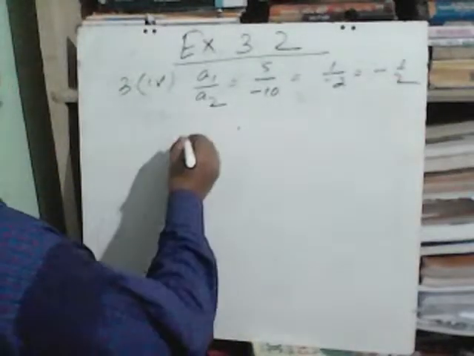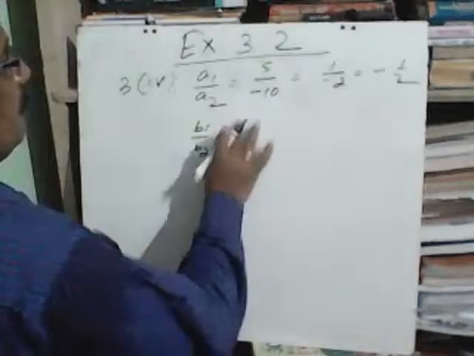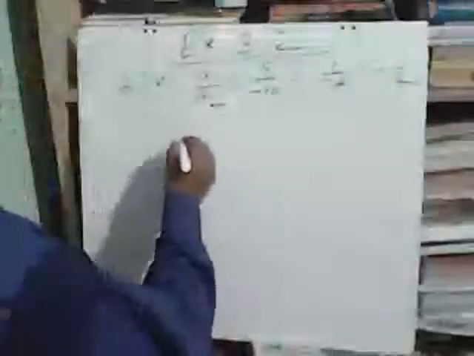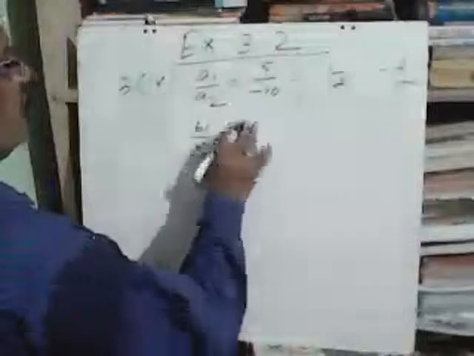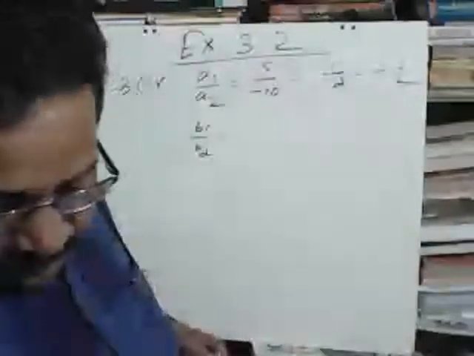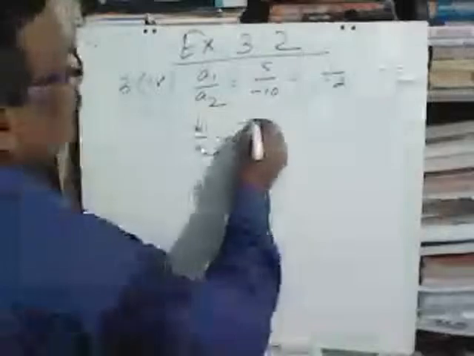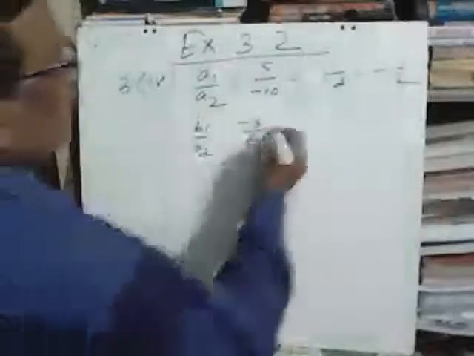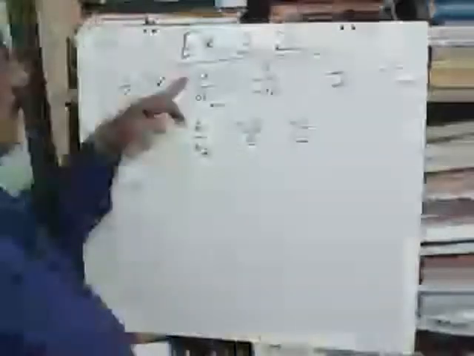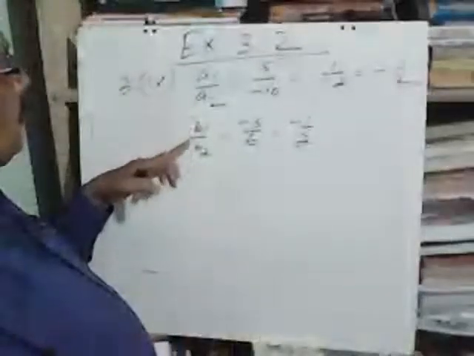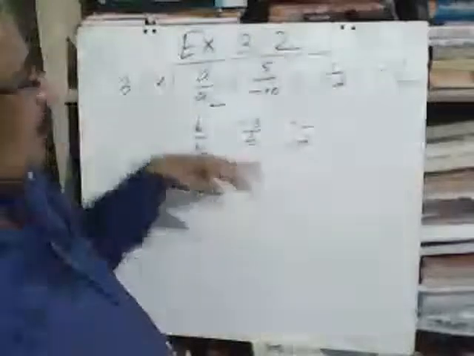Then calculate B1 by B2. That B1 by B2 is minus 3 by 6, which is minus 1 by 2. Now A1 by A2 equals B1 by B2: minus 1 by 2, here also minus 1 by 2.